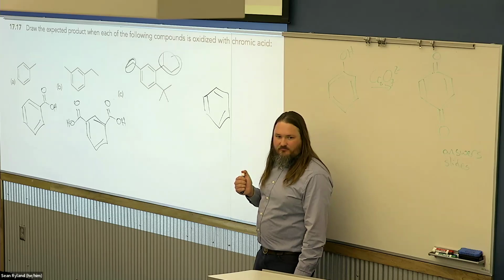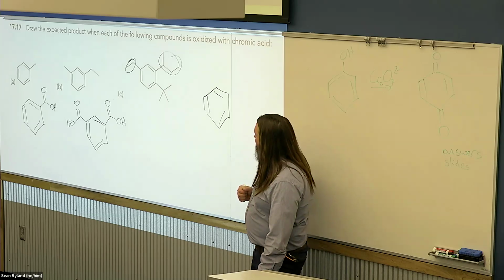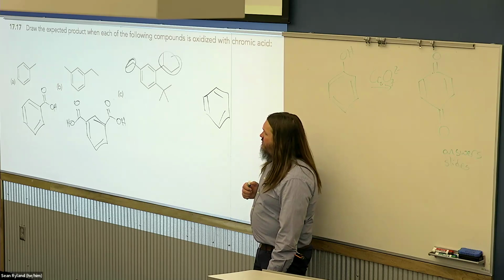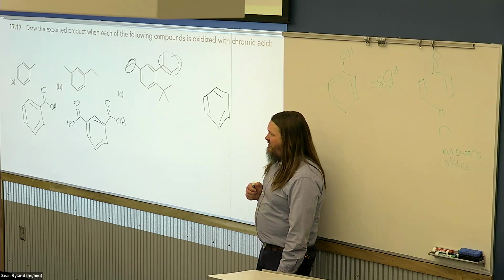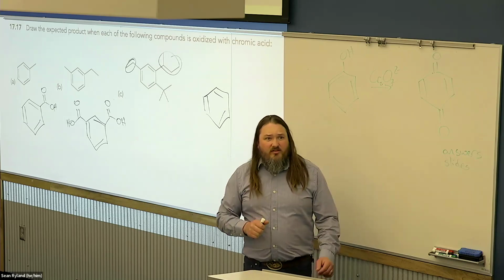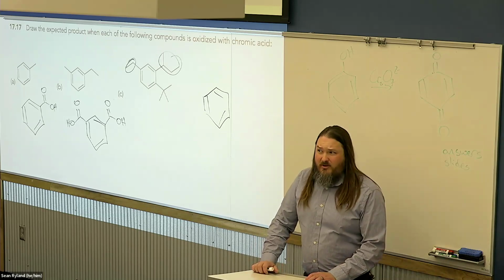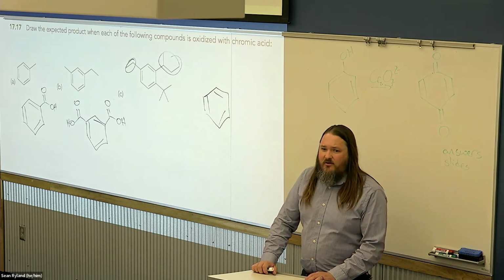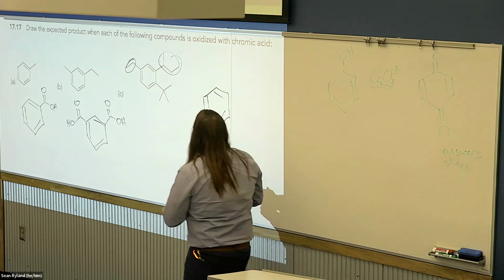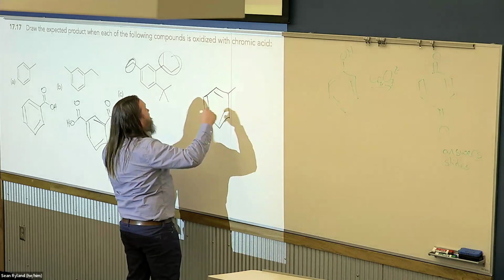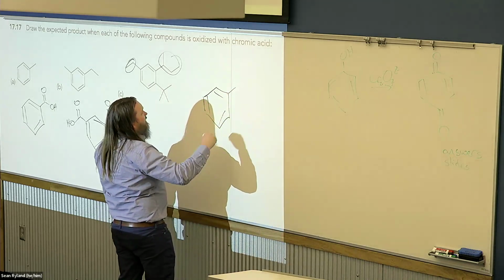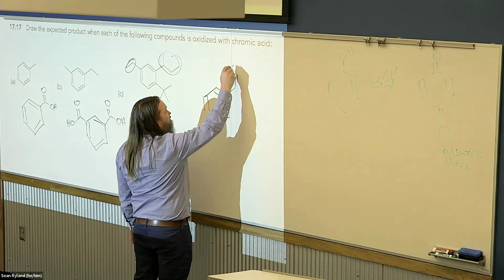Should we write down excess? Might as well. The dichromate is one of those molecules where I'm not actually sure what the stoichiometric ratio is, because it'll react with more than one equivalent. But I think that's probably why it's not written as excess, but assume excess.